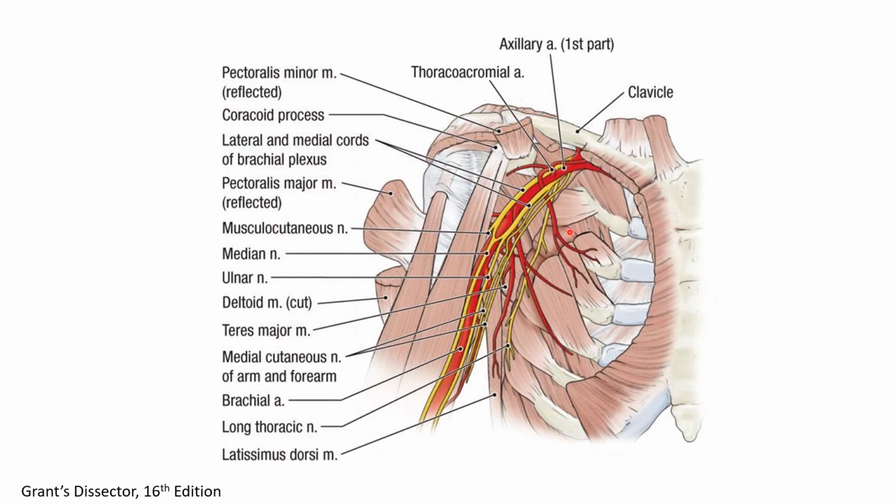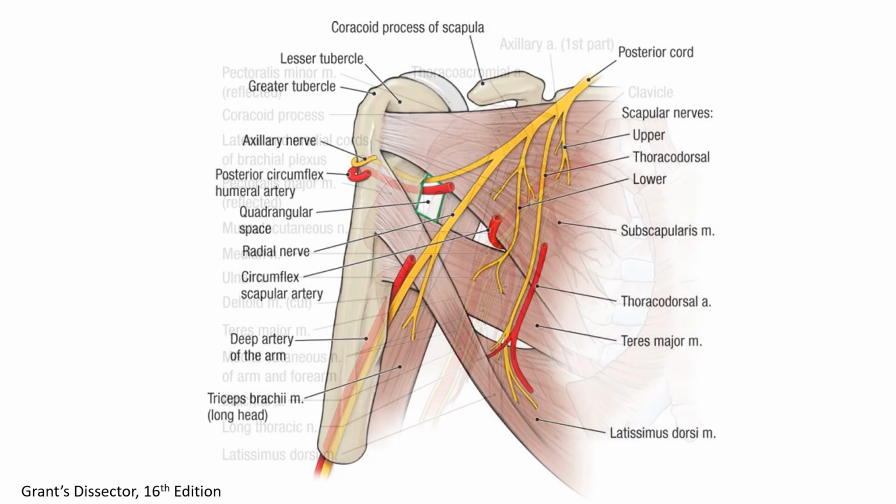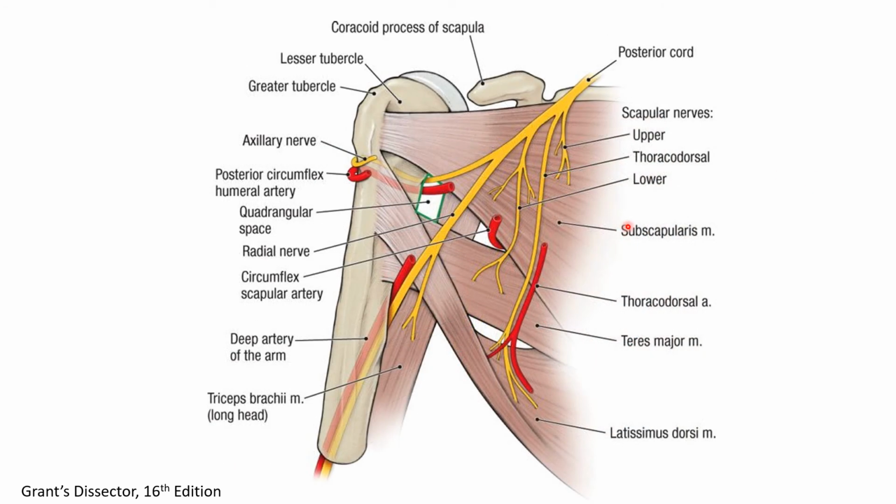Okay, and this is from Grants, and that's showing you the same thing with the nerves still intact here. Okay, what you're looking at here, this is an anterior view of the right arm, but what you're seeing is everything's been removed anteriorly so that you are all the way down to the subscapularis muscle.